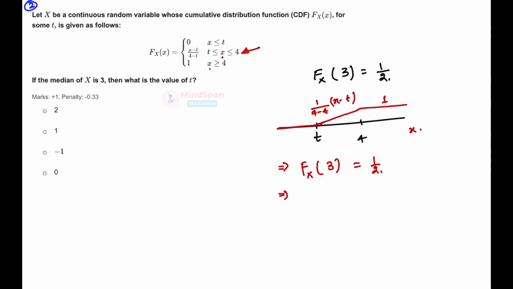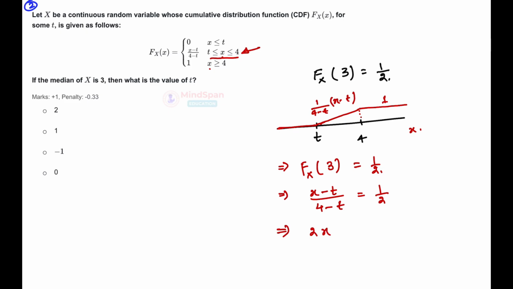And we just saw that the median is going to fall within this range. So 3 will be within this range, so we will have this equation: (x minus t) divided by (4 minus t) equals half.